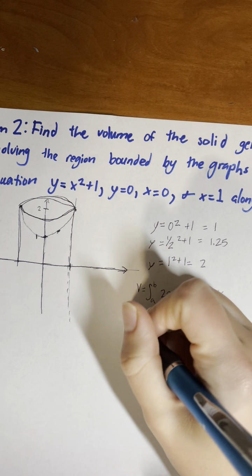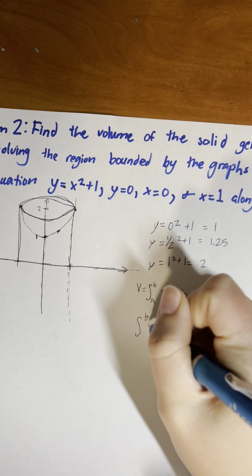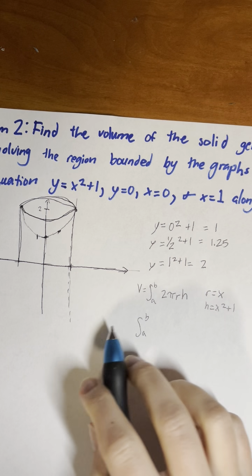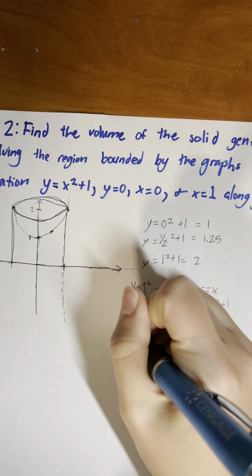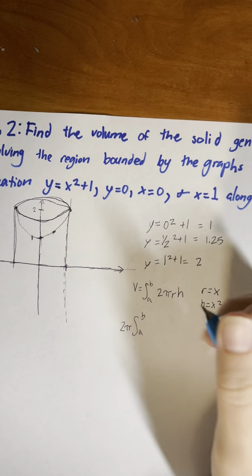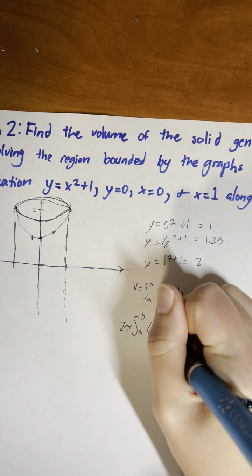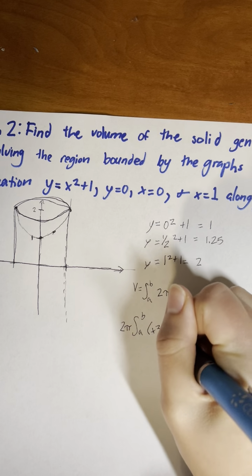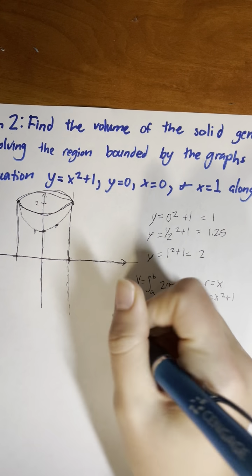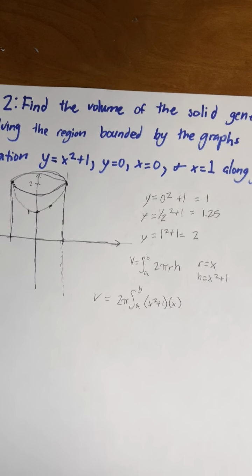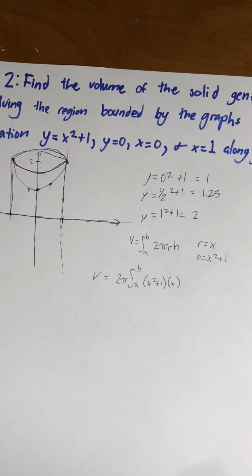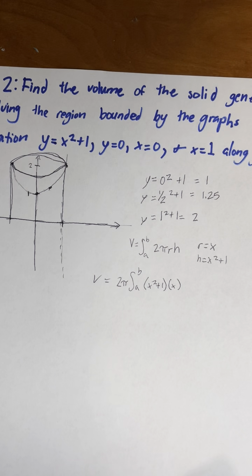So we're just going to plug those in, and we're going to take the 2 pi to the front so it's out of the way. Right, now that we have that, we're just going to start solving the integral.